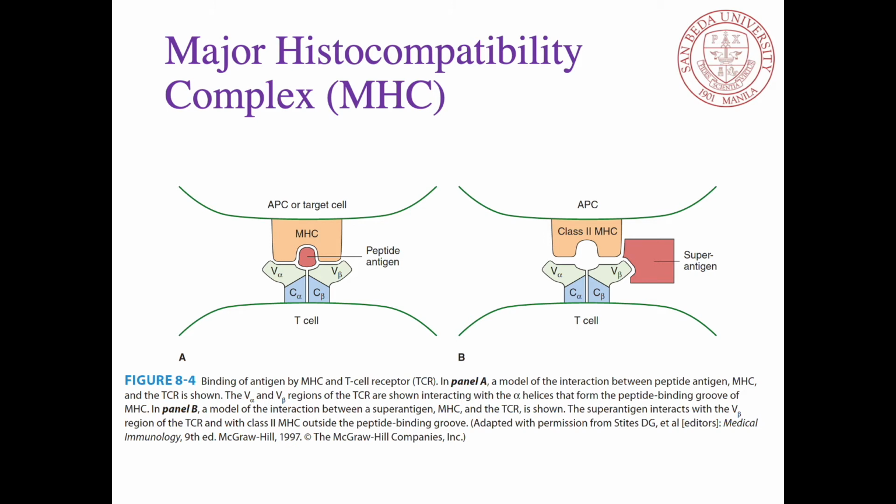You can also have certain types of antigens that we call superantigens. These are larger molecules, and they bind the class 2 MHCs outside of the peptide binding groove, as you can see in the image on the right panel. It also interacts with the T cell receptor, and this apparently can also elicit an immune response.